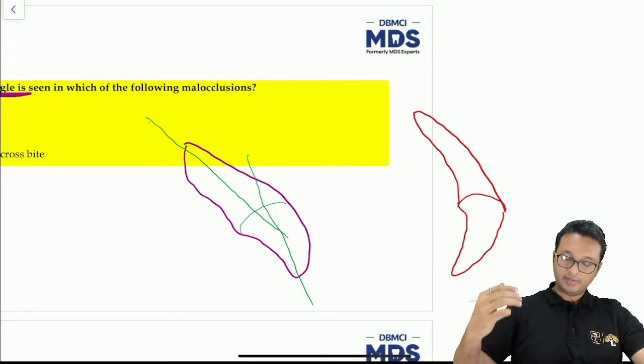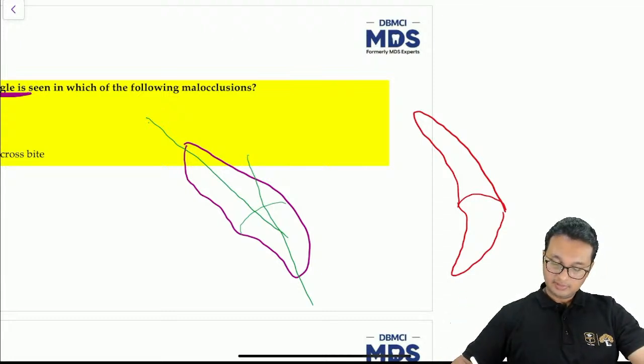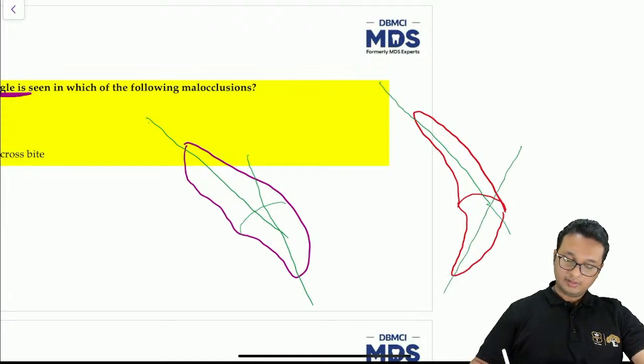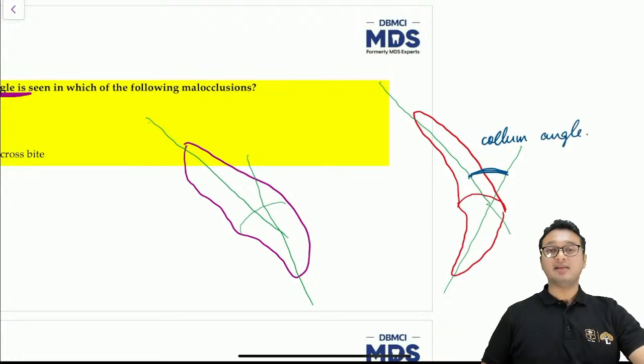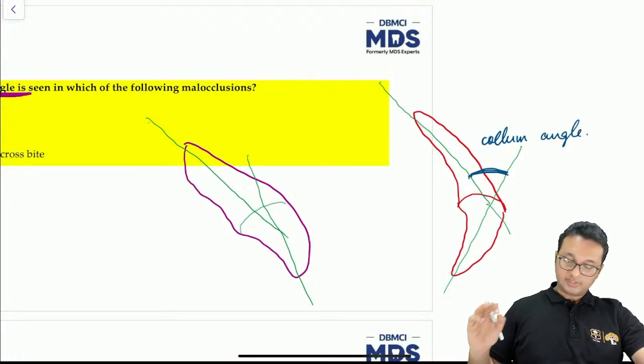So, during development, what happens? The long axis of the root and the long axis of the crown. This angle is called column angle. This complementary angle is known as column angle. So just compare the two angles here.